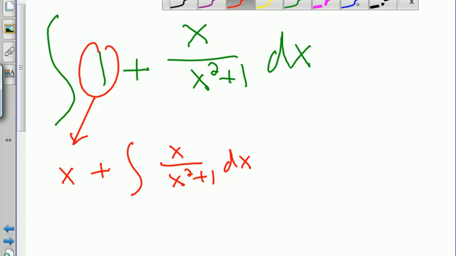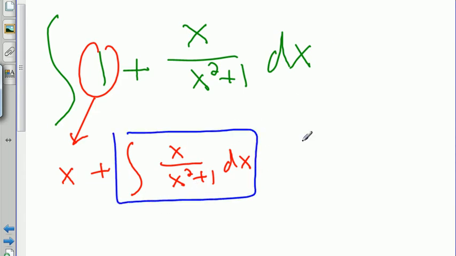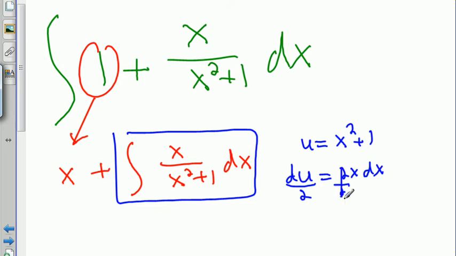Now I look and I say, okay, what's going on here in this integral? That's what I want to solve. And it looks like there's a function and a derivative. So here's the u, here's the du, right? We don't want that 2 there. This is something we should be comfortable with from the last video. So it looks like this is actually the integral of 1/2 du over u.